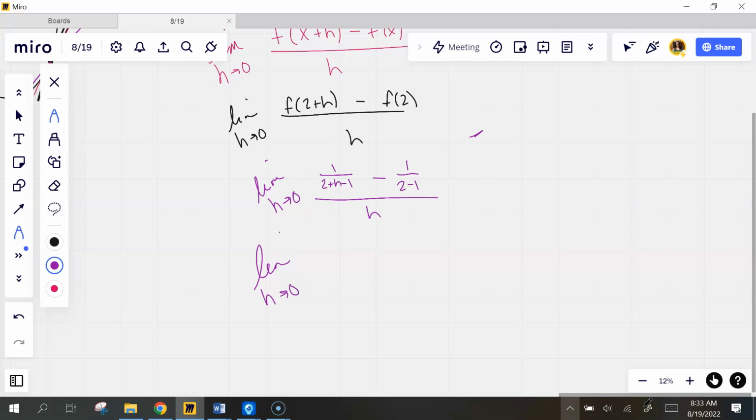So be in the habit of writing that limit before it each time. All right, that would be 1 over 2 plus h minus 1 over 1, which is just 1, over h.